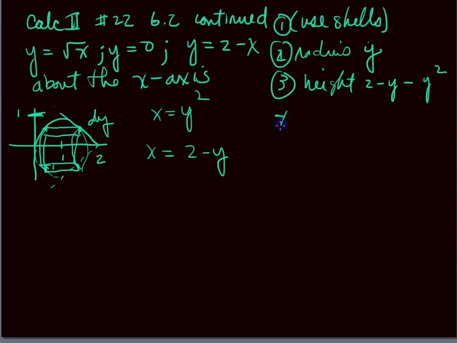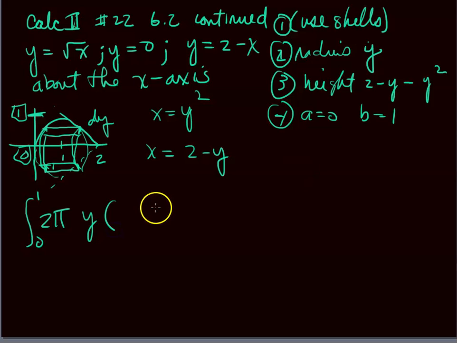Oh, we need, what does it go from? Y goes from 0 to 1. So the integral from 0 to 1 of 2 pi r, which is y, h, which is 2 minus y minus y squared, dy.